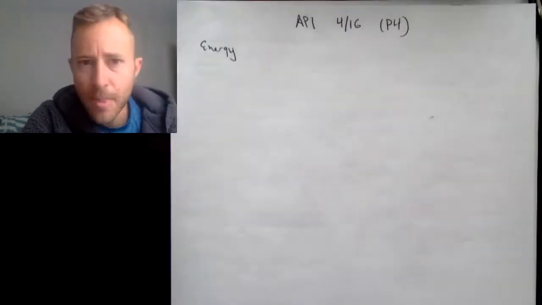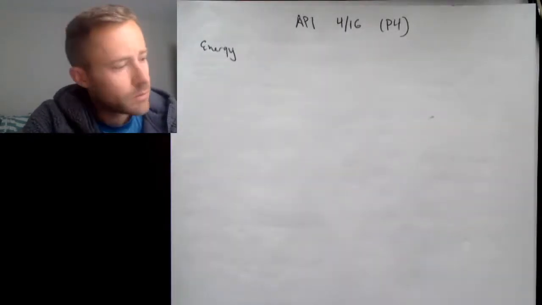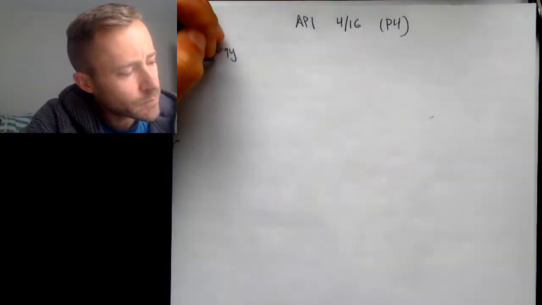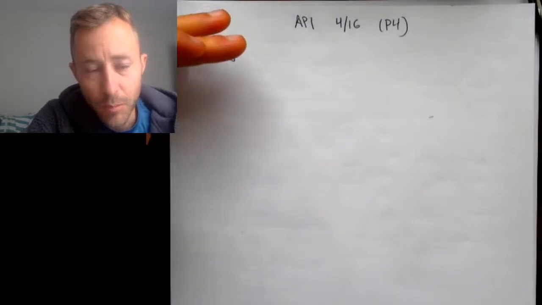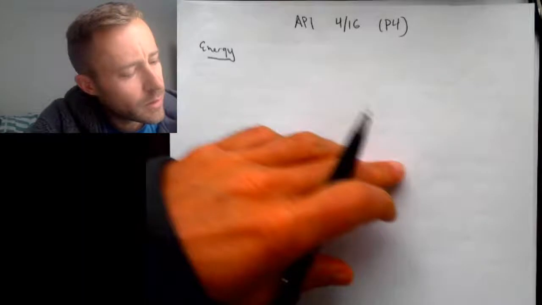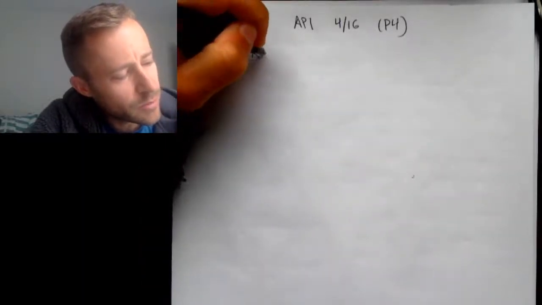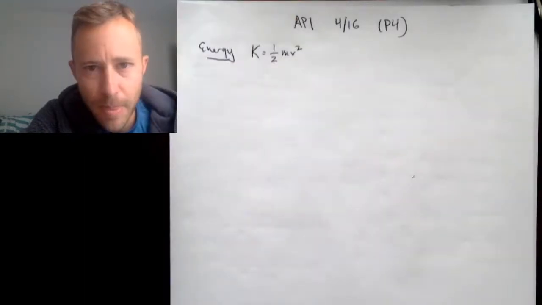All right. Energy, we have three different types of energy that we've discussed most frequently. Okay. So one of the types is kinetic energy, which is the energy of motion, 1/2 mv squared.